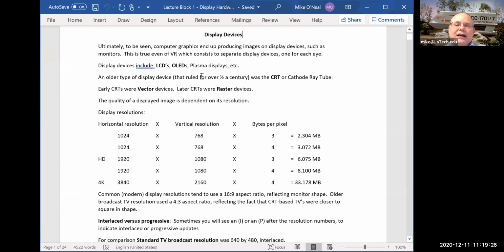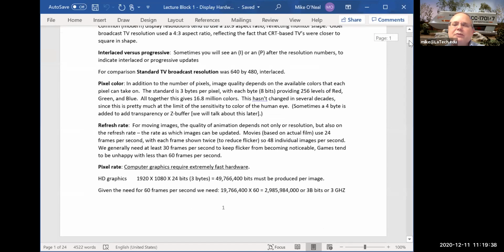Okay, so anyway, we did displays last time. We talked about older displays that used a 4:3 outline, and then newer displays like HD and 4K that used a 16:9 orientation. We talked about frame rate. I've been kidding Eric about 144 frames per second. Eric, I hope you don't take that personally, I'm just messing with you, dude.